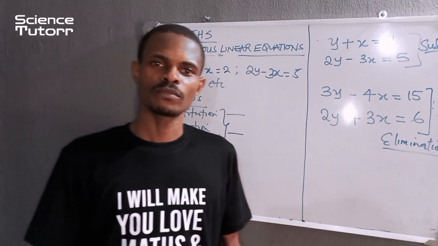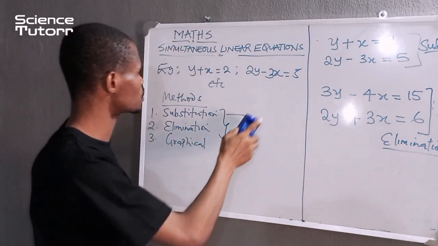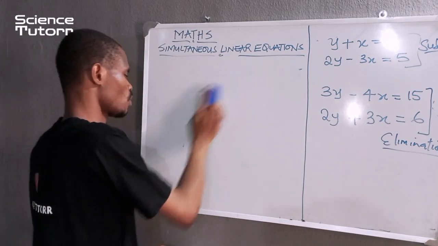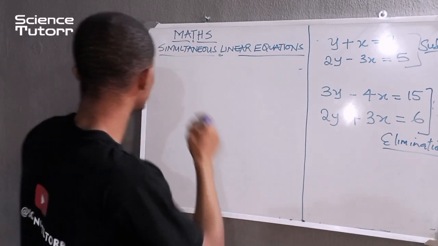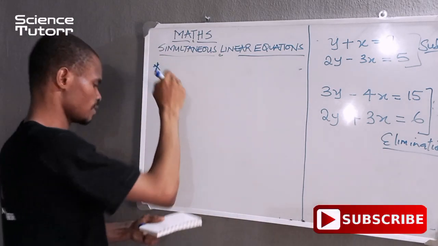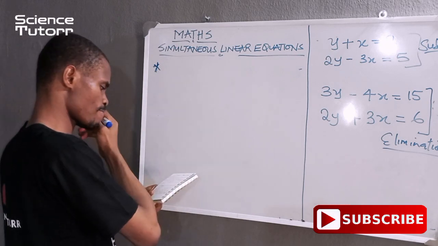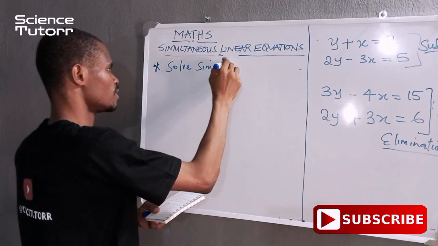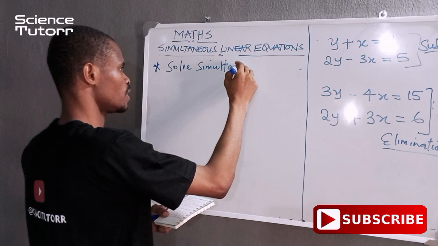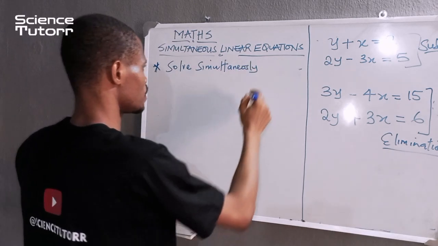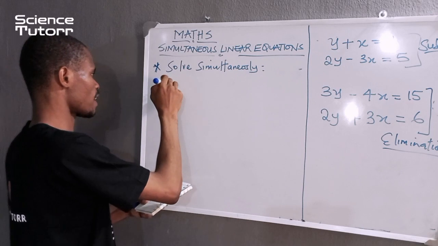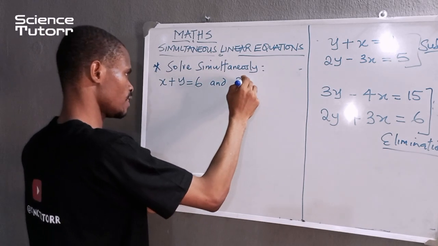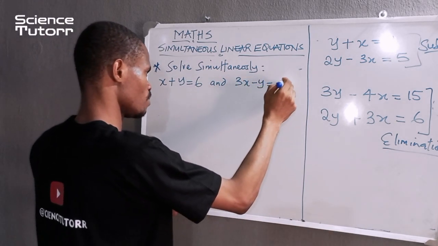So let's look at the substitution method. The first method we shall be considering is the substitution method. How do we use the substitution method? I have an example here. It says solve simultaneously. We have x plus y equals 6 and 3x minus y equals minus 4.